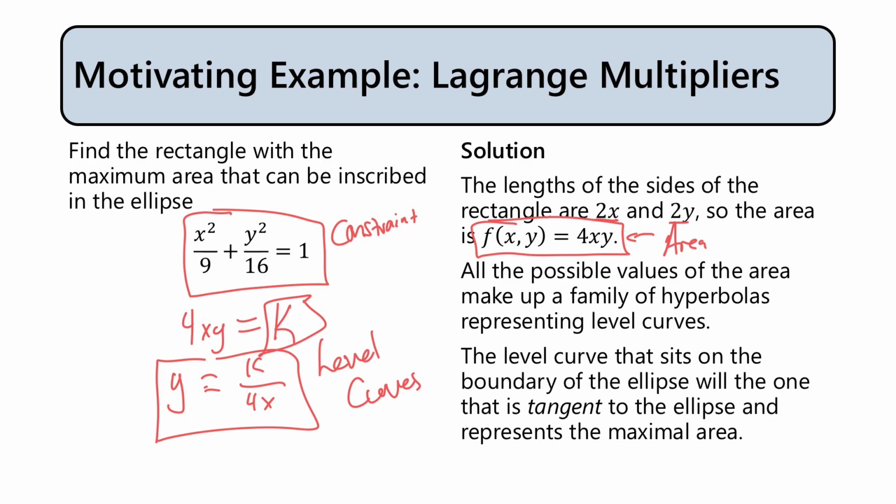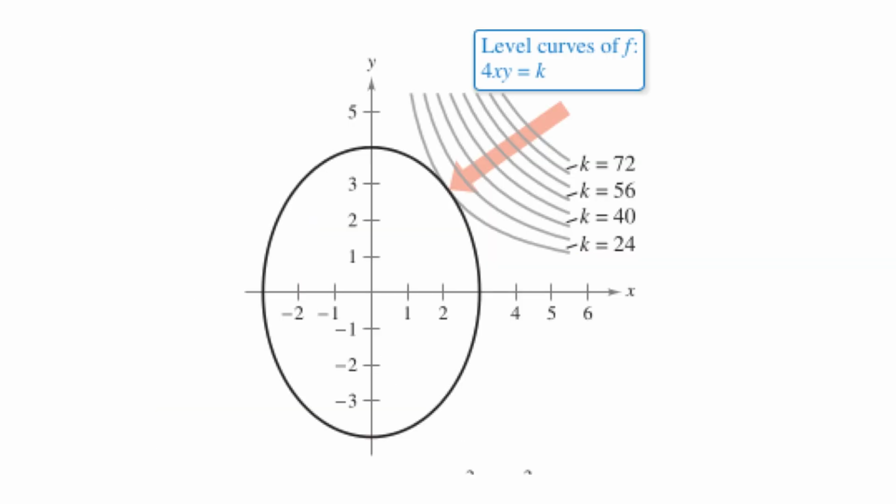Now, the level curve that is going to sit on the boundary of the ellipse, that is tangent to the ellipse, is going to represent that maximal area. So let's go back to the next slide and look at that. So we have this inscribed rectangle here, but we have to imagine that these points on the corners are movable.